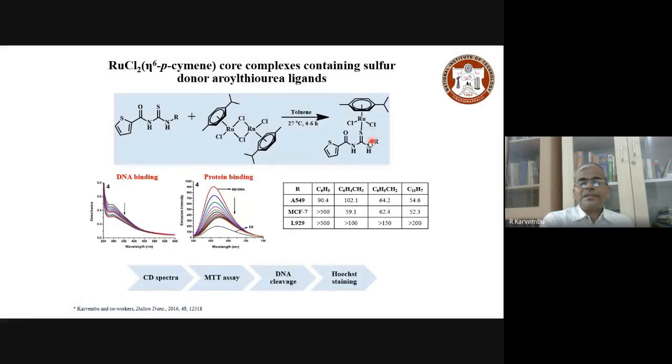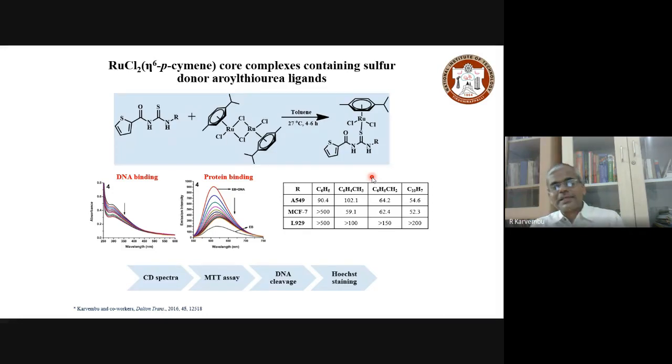And before we test the anti-cancer activity of these complexes by means of MTT assay, again, I tell you the interdisciplinary nature of this part of the research work. We have synthesized the compounds and the biological activity is done by someone who is an expert in handling cancer cells, particularly biologists. We cannot handle cancer cells. We do not have a facility.